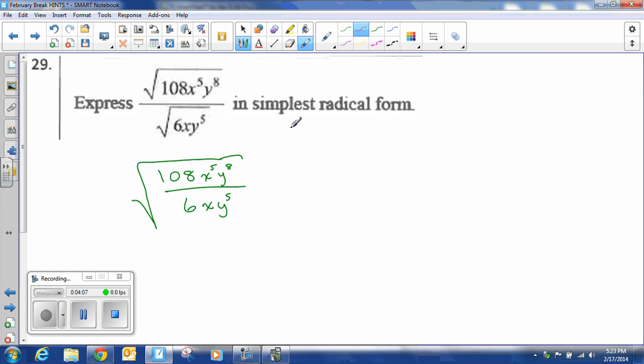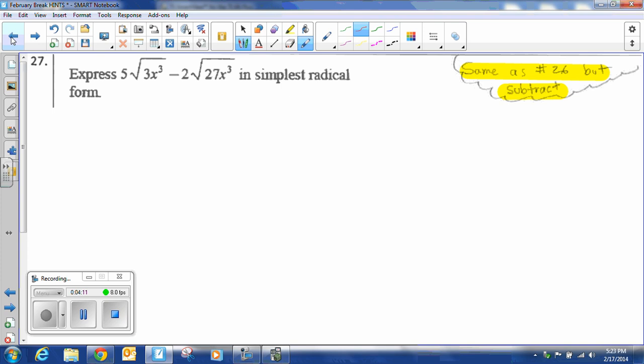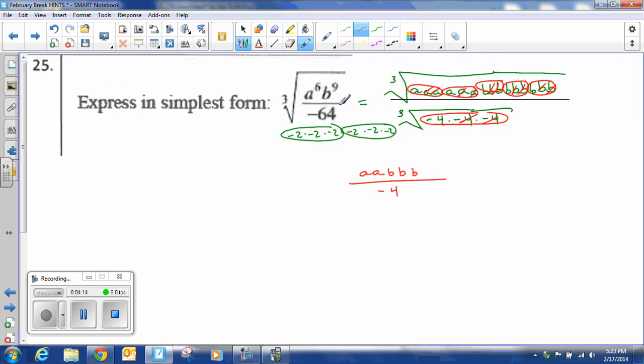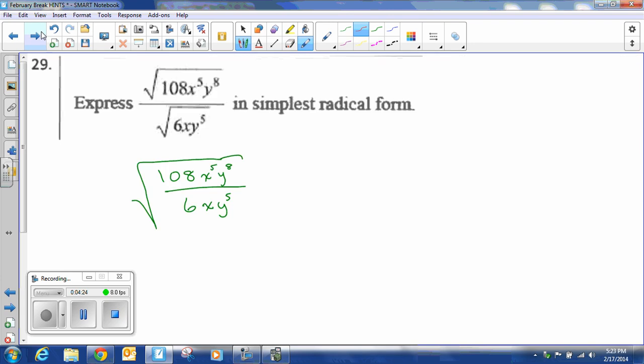Number 29, so here we have sort of the reverse of what I showed you with this one here. We took the cube root of a fraction and broke it up to the cube root of the numerator divided by the cube root of the denominator, whereas over here it's already split up into 2 square roots, and now we're putting it all under the same square root sign because we can simplify.